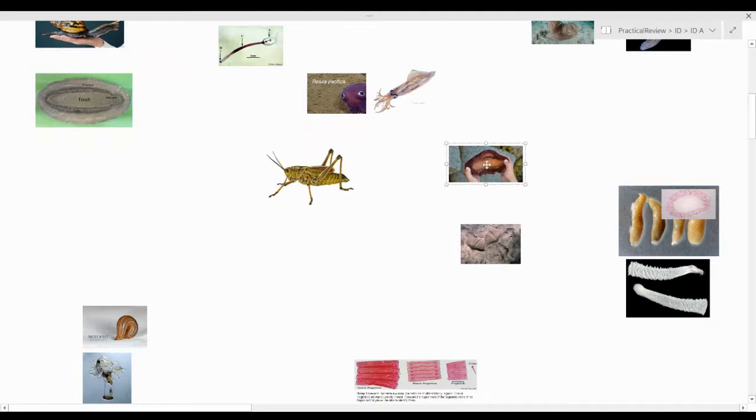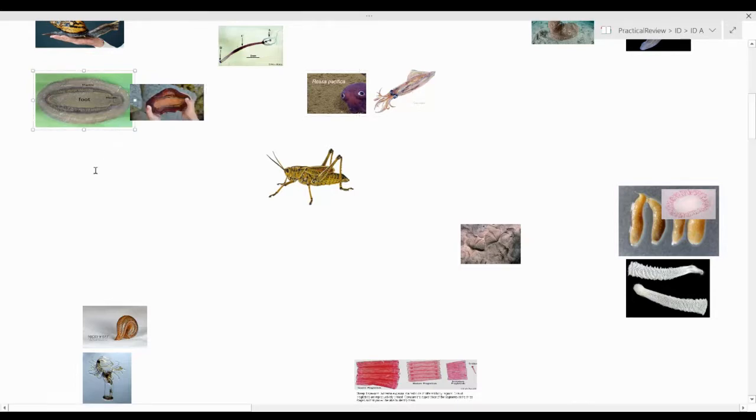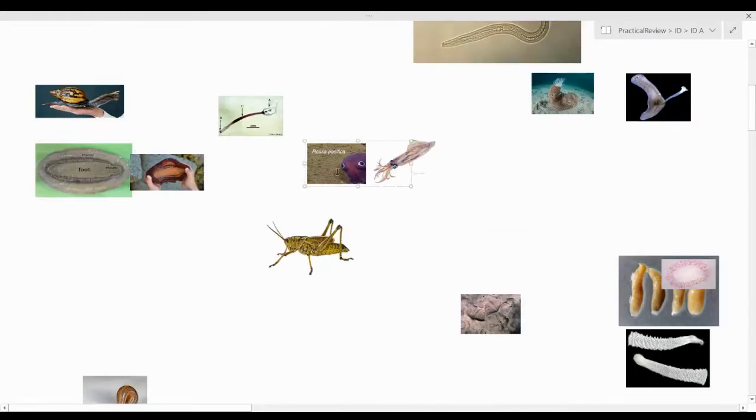I want these on top of each other because they're the same, just different views. I want these very close.